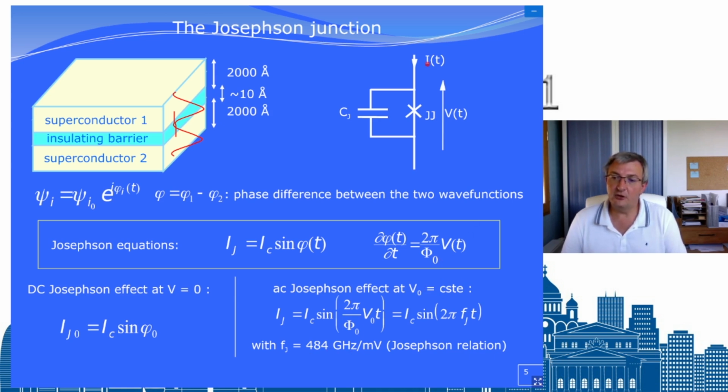So if you apply 1 millivolt constant across this junction, you will have a current oscillating at 484 gigahertz. And this is where I told you before about the voltage standard and metrology application. This is where this relation is very important because it's simple, right?